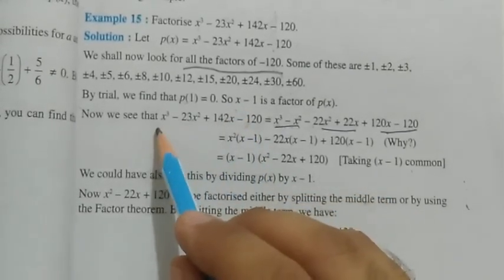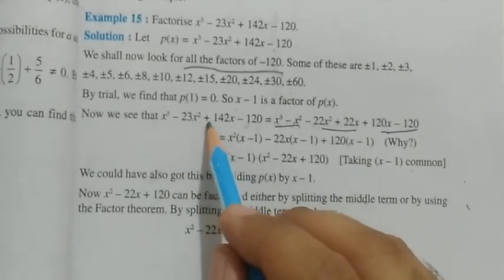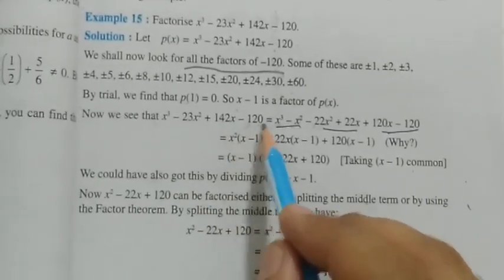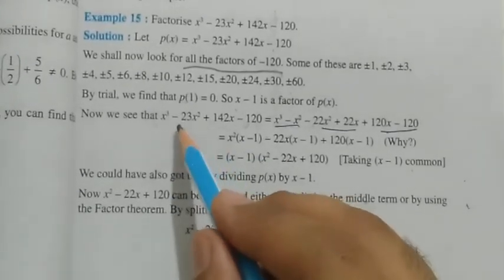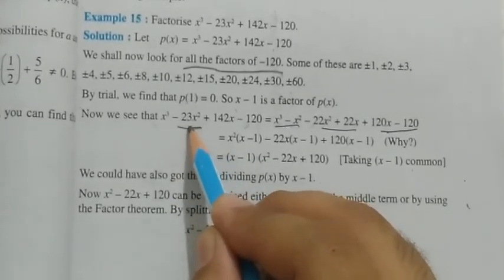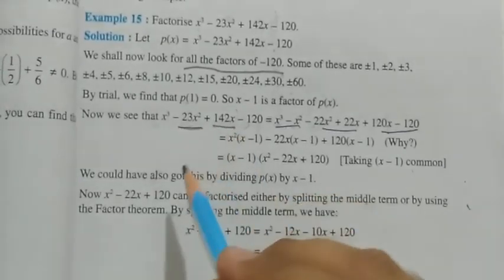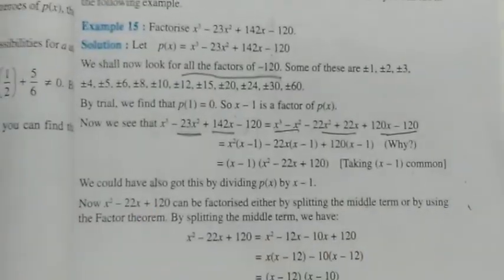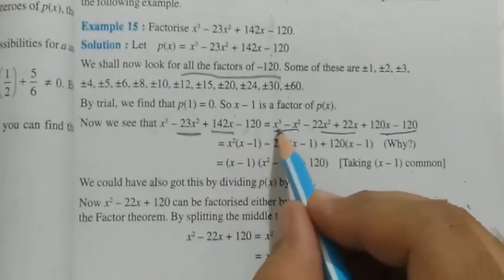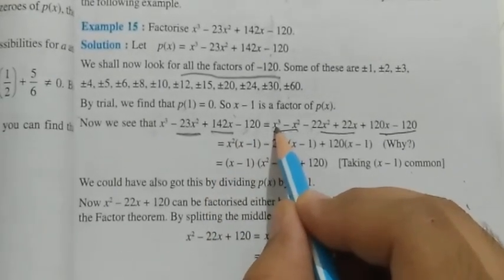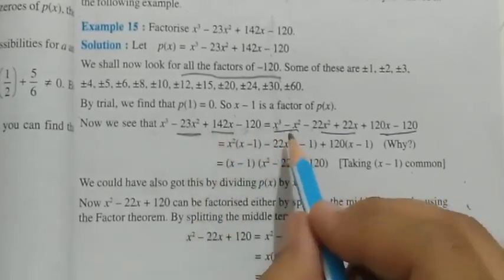Now we see that x cube minus 23x square plus 142x minus 120 is equal to, what they do, they split the 23x square and 142x. How they split? Because here they want the factor x minus 1. So x square is common, so x is remaining, and here minus x square.